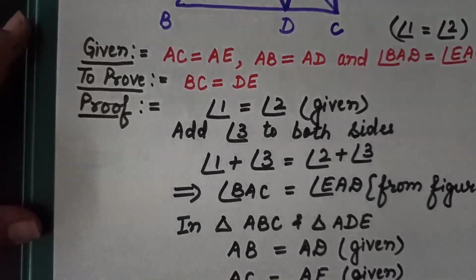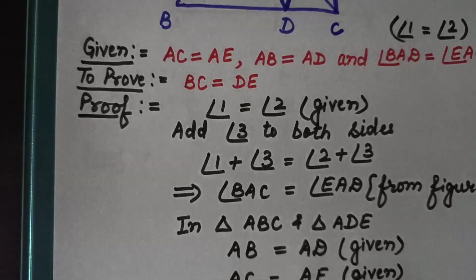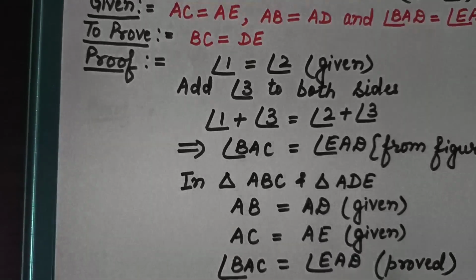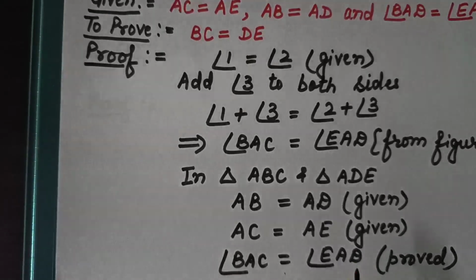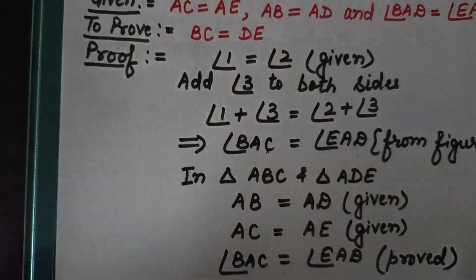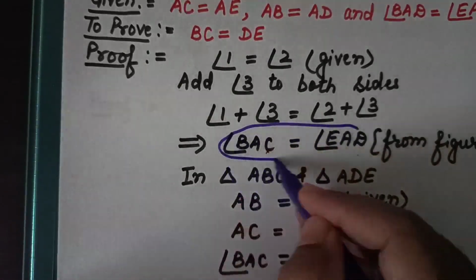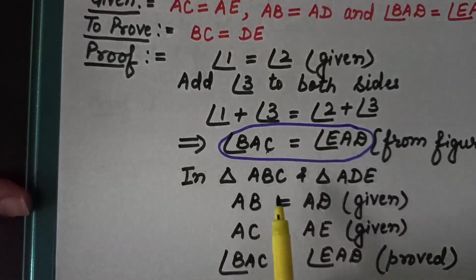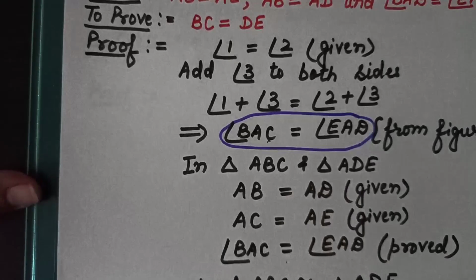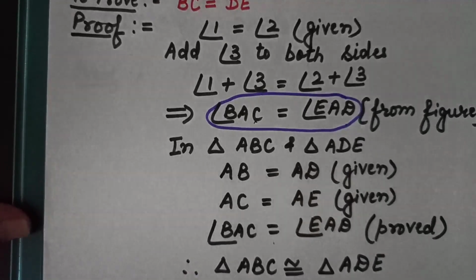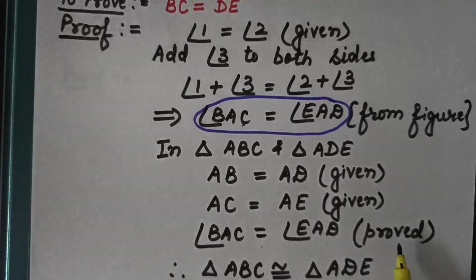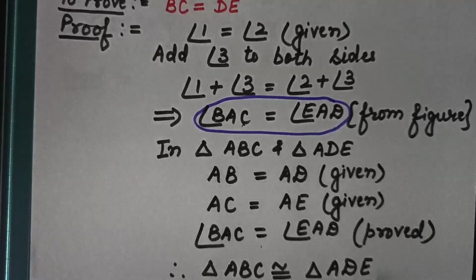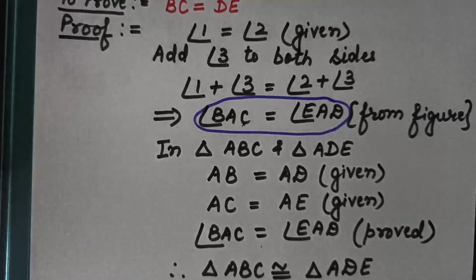So AB equals to AD given, AC equals to AE given, and angle BAC equals to angle EAD. This we have already proved. So I am using it in proving that this set of triangle, it is congruent triangle. Okay, so for this I have written proved. So write down, therefore these two triangles are congruent triangles.